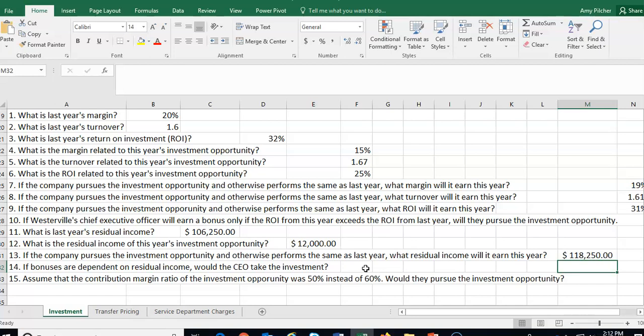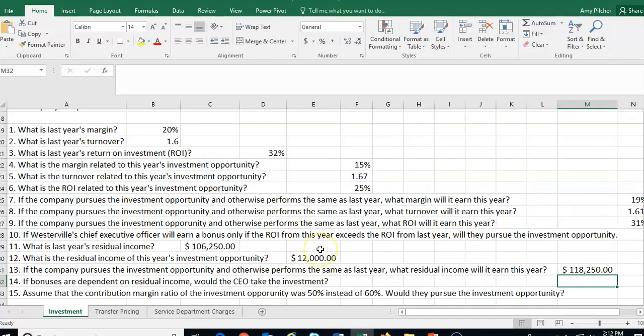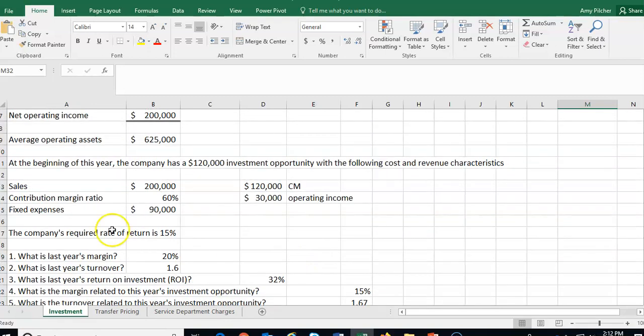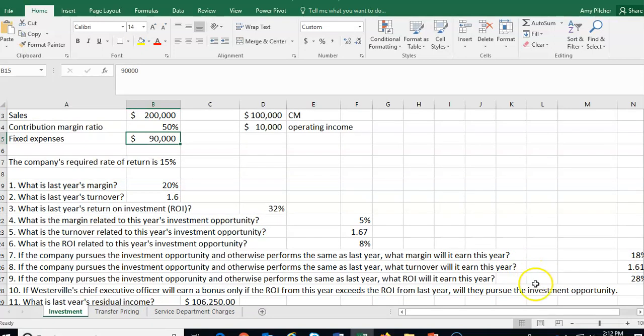Number 15 says, assume that contribution margin ratio of the investment opportunity was 50% instead of 60%. Then would we pursue the investment opportunity? Well, because we use calculations in Excel, instead of redoing all of the calculations, I can just change this to 50%, and it's going to redo everything for me.